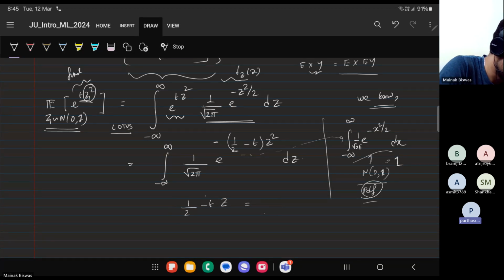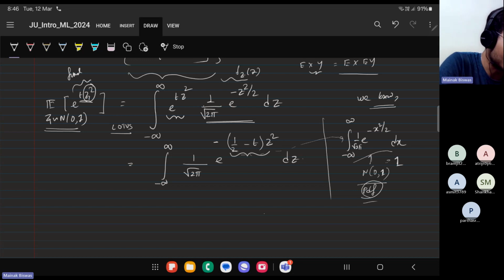Shouldn't that be x by square root of 2? If you had taken the square root of half minus t into z is equal to x by square root of 2, then I will try to substitute this value.